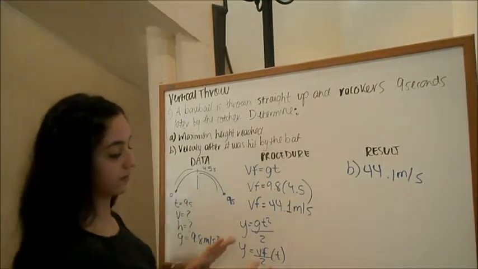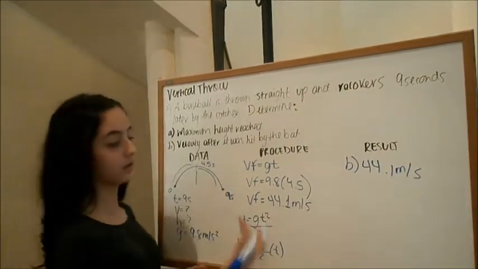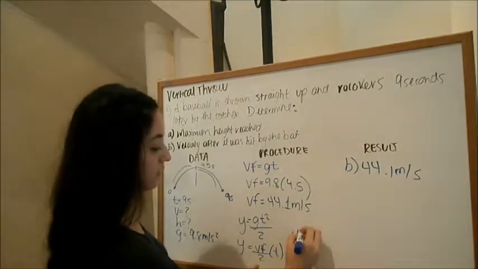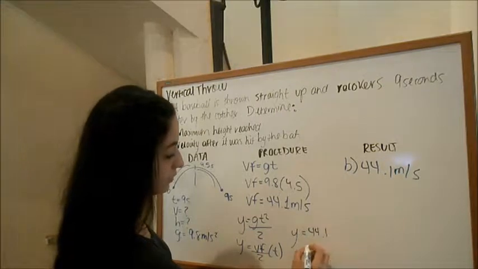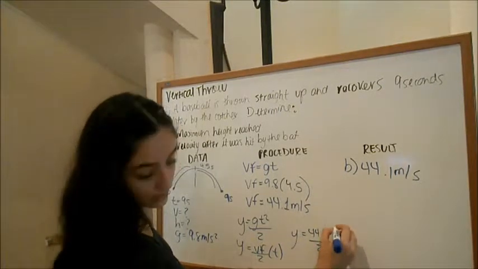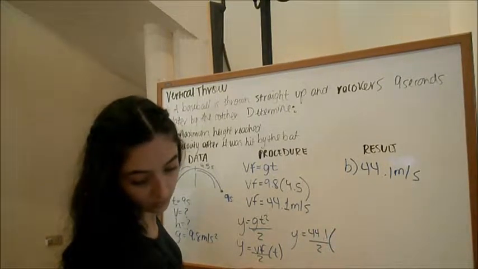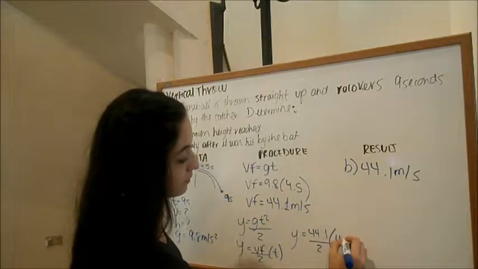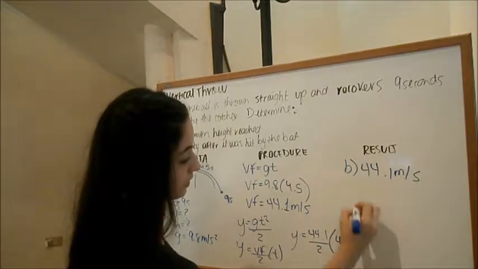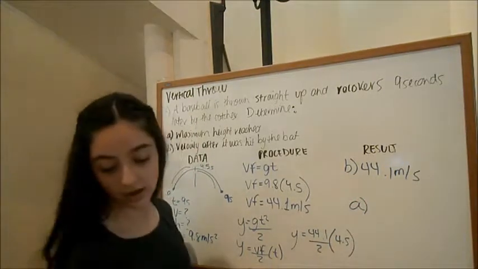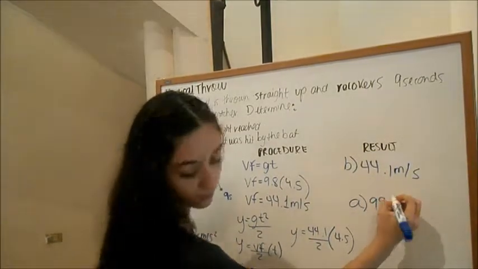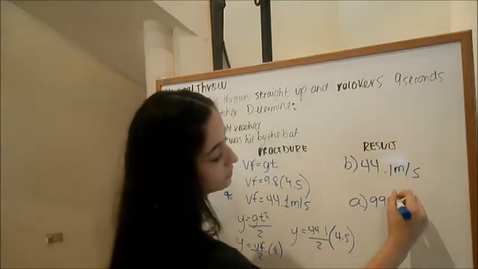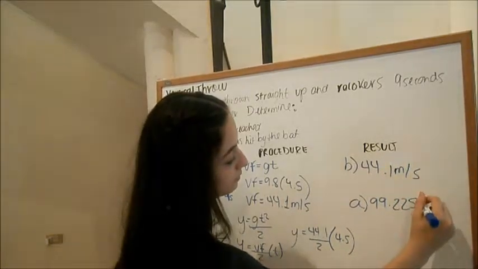So we will just put in the data that we already got, which is final velocity 44.1 over 2 times the 4.5 seconds. So the maximum height would be 99.225 meters. And we're done.